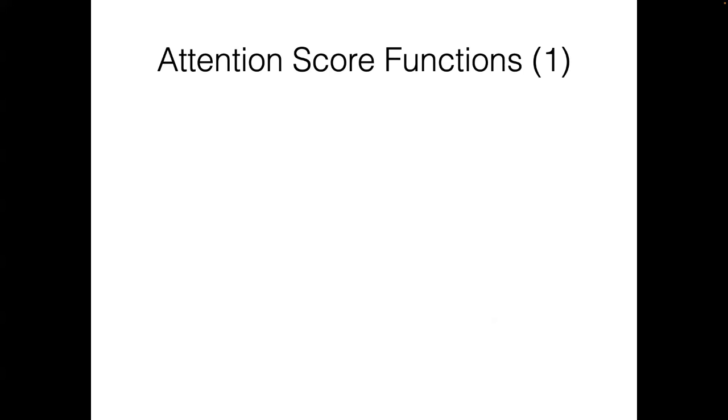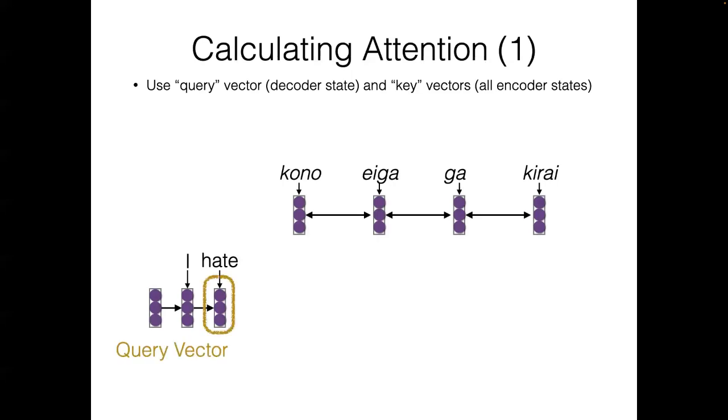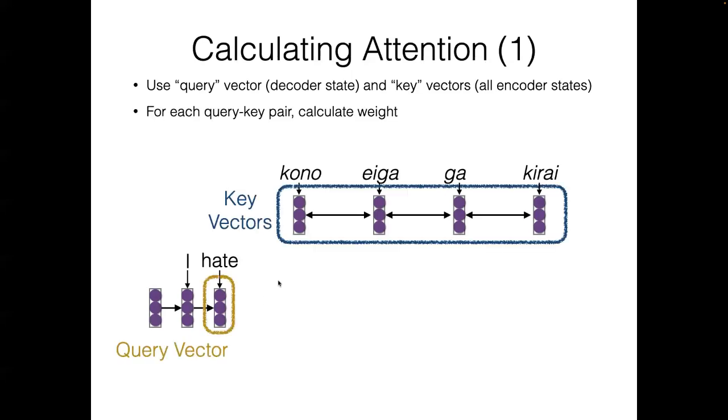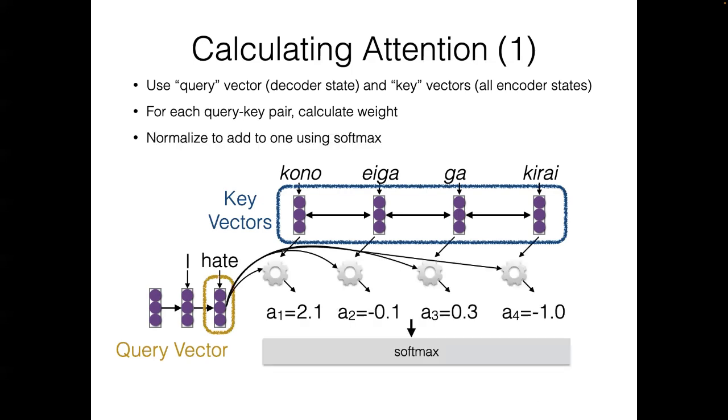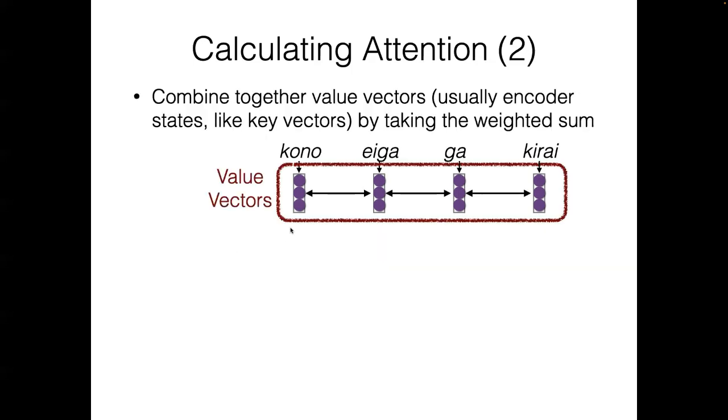Yeah, so in the case of cross attention, the model we were talking about last time, we would just use the same outputs from the encoder as both key vectors and value vectors. So they're just the outputs of the encoder.